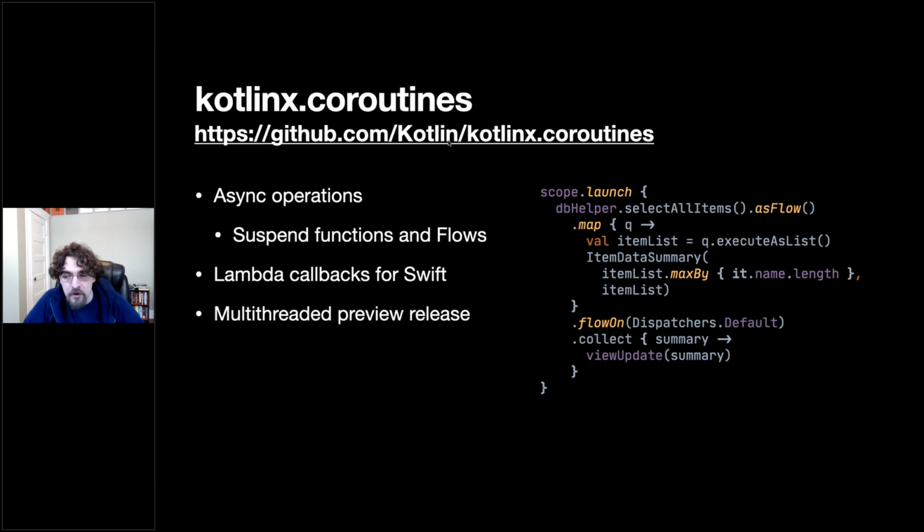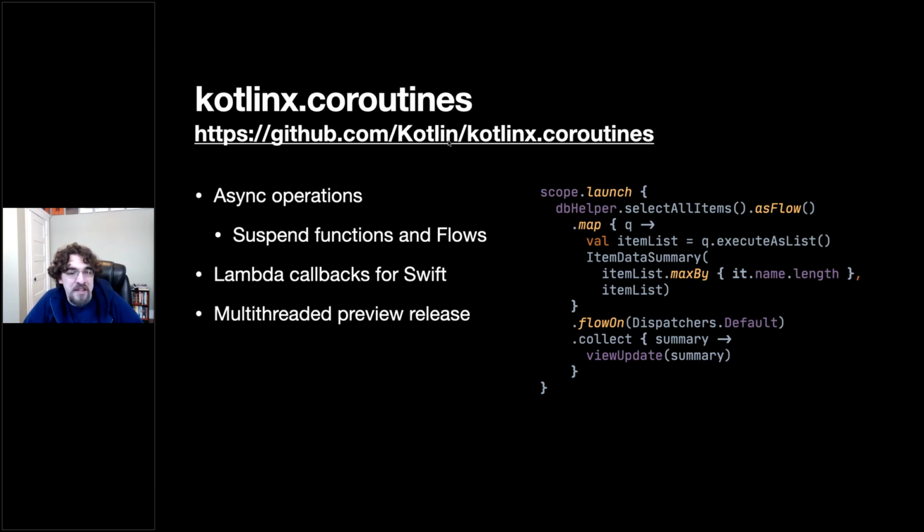Another important piece of what we're doing in CamKit is that coroutines in Kotlin native, the release version, are single threaded, which in practice often means main threaded, but you can be single threaded on a background thread as well. That obviously has some limitations.